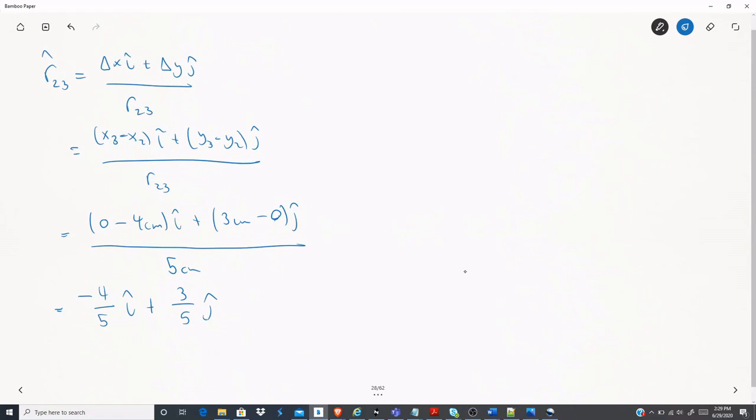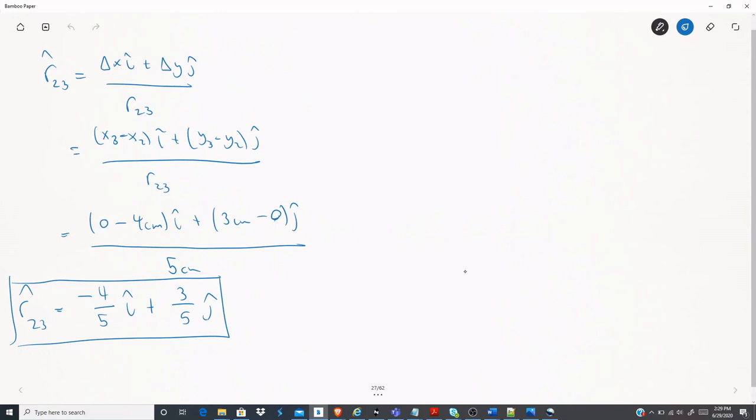And this is our unit vector. I won't write it on the first page because it's going to be difficult to fit it in there. So this is the vector that points from charge 2 to charge 3.